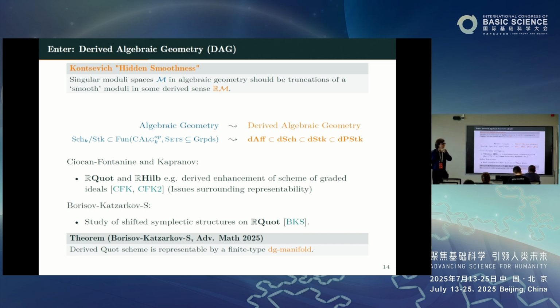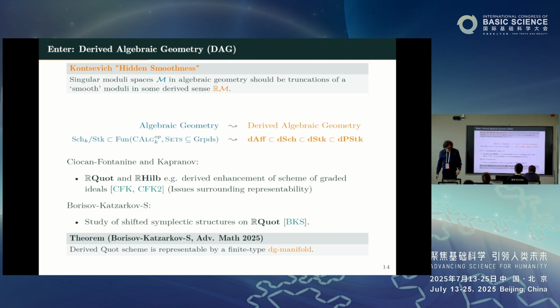And Misha Kapranov was very kind, he sent us an email and he said there is an error in our construction. So their construction of R-Quot and R-Hilb has this problem that the derived schemes are not represented by finite type DG manifolds. So they are not finite type. So that basically collapsed our constructions, and for practical purposes these cannot be used anymore.